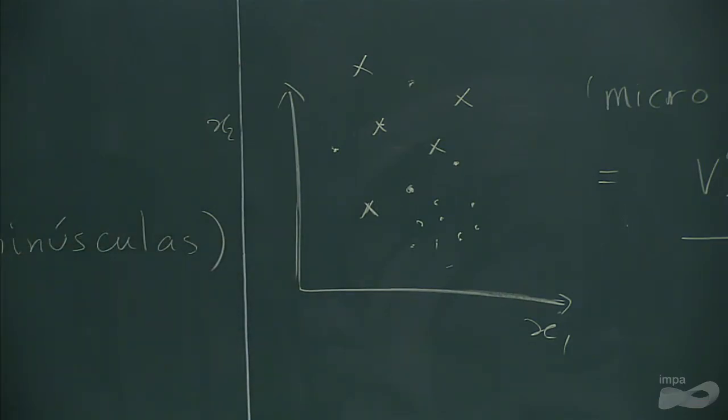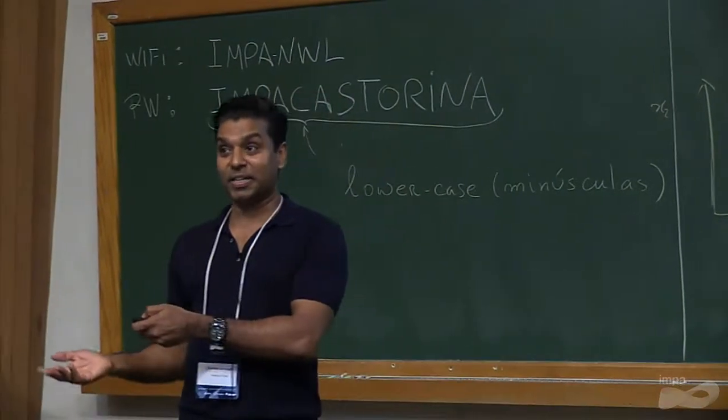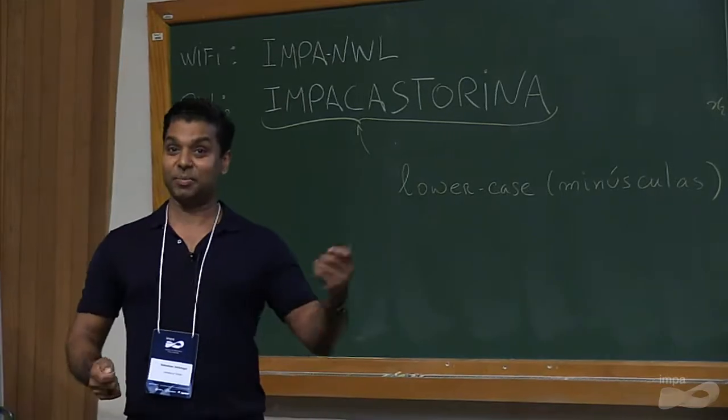There are two classes here, the x's and the dots. And if you simply count the number of x's divided by the total number of x's and dots, that's an unbiased estimator of the probability that we observe class X. And if I count the number of dots divided by the total number of dots and x's, that's the unbiased estimator of the probability that I observe a dot.